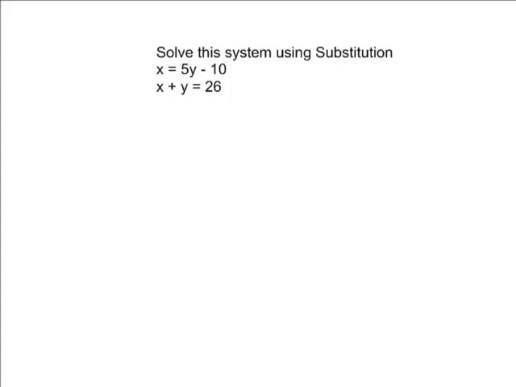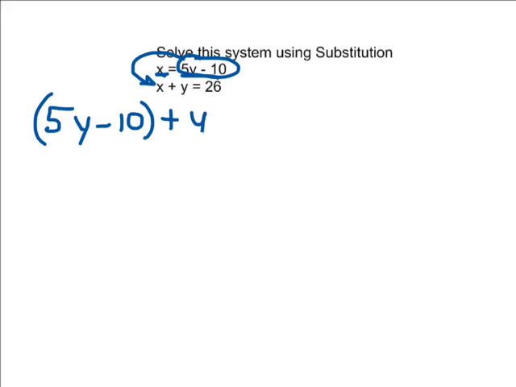Alright, here we go. Now we're going a little more in depth. X is this stuff. Plug it into here. Make my super equation: 5y minus 10 in parentheses plus y equals 26. Do my solving. So let's draw our line.